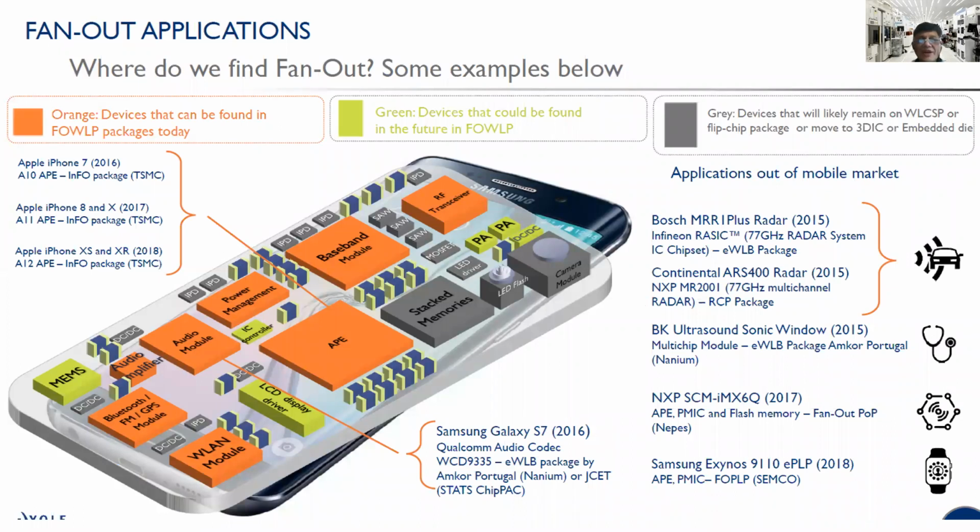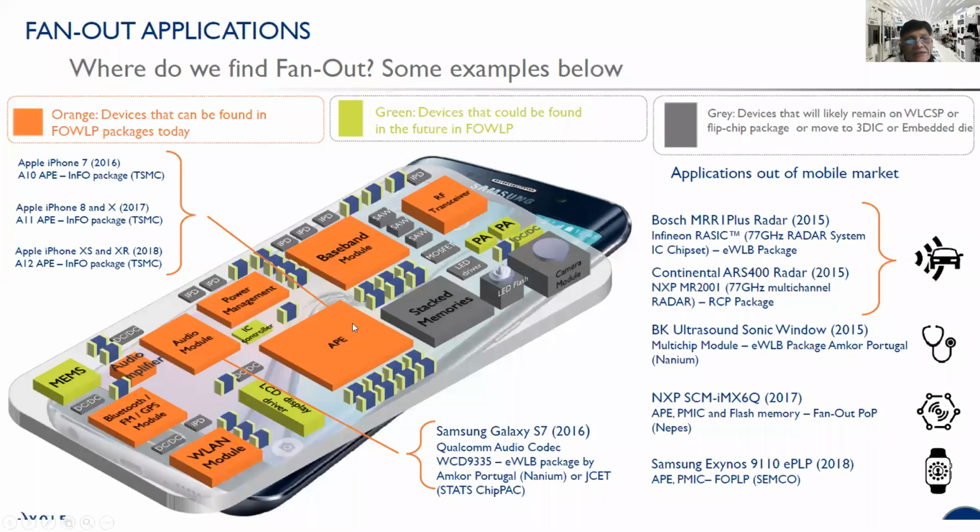So where do we find this fan-out technology? If you take a typical phone, this APE is actually a fan-out wafer level package. If you slice it open, you will see a main processor, and a minimum of two DRAM chips on it.